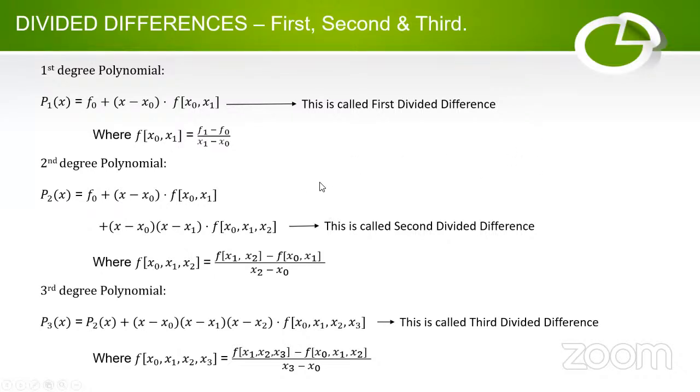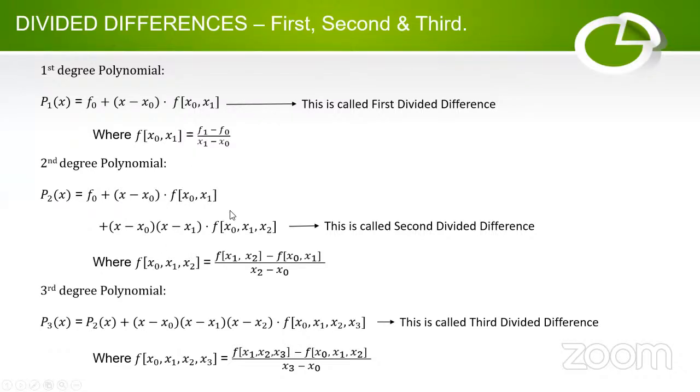So, like I was saying regarding Newton's method. When we were solving with the Lagrange method, we noticed that for every degree of polynomial that we are solving, our L's, the Lagrangian functions, were changing. For instance, in the first degree polynomial, our L0 was a function that we got.